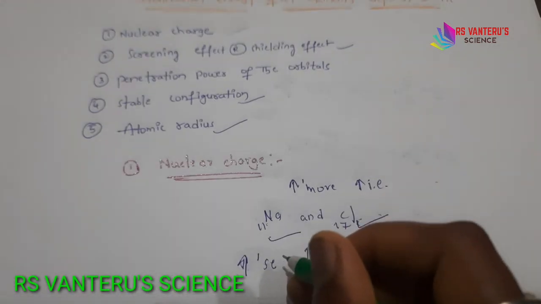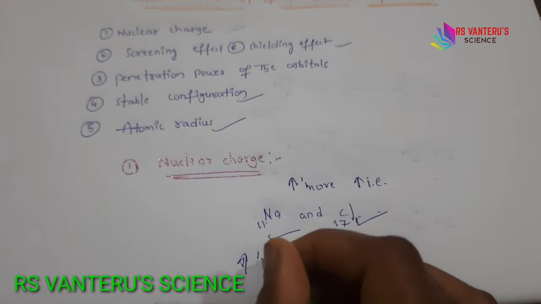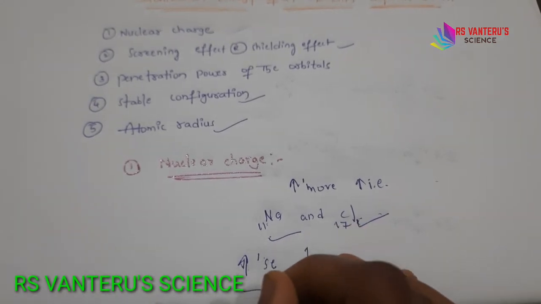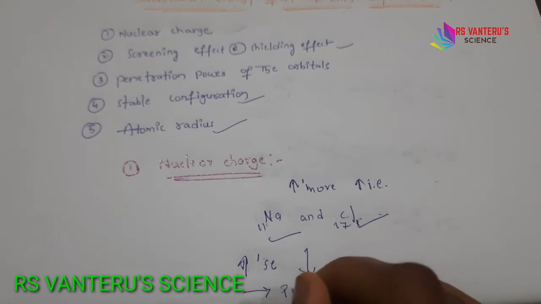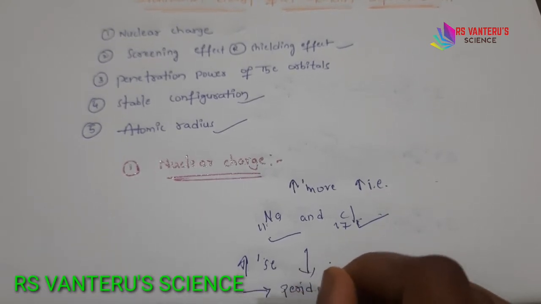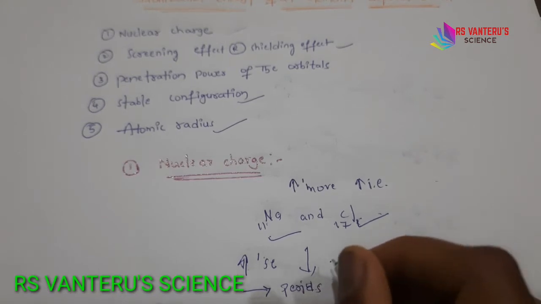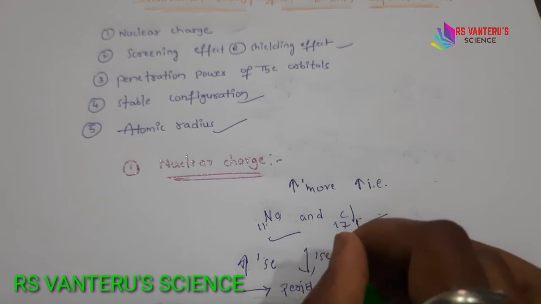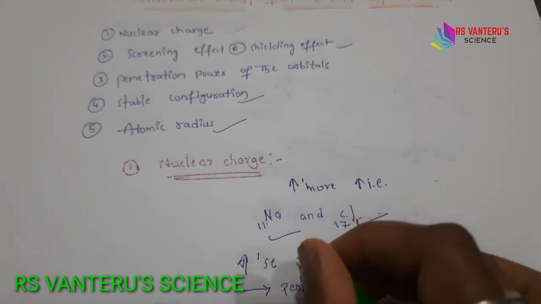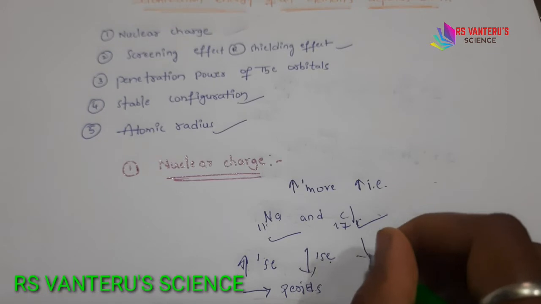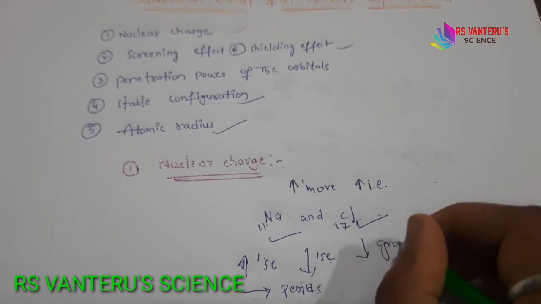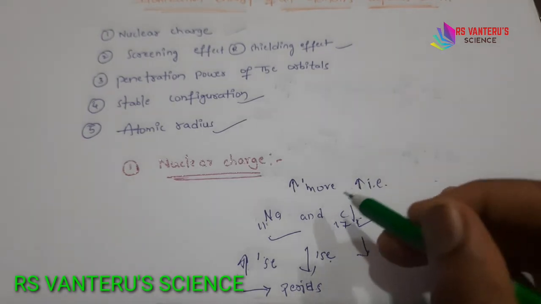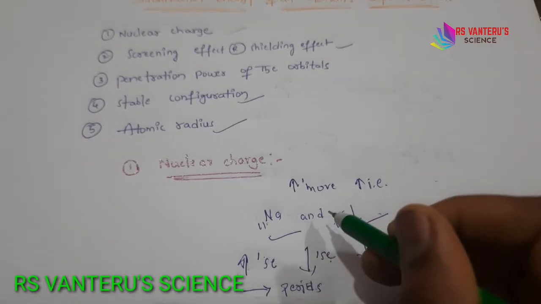This is because the ionization energy values increase from left to right in the periods. Similarly, the ionization energy values decrease from top to bottom in the groups. Here, the more nuclear charge, more is the ionization energy.